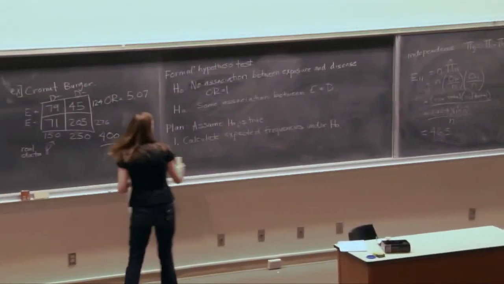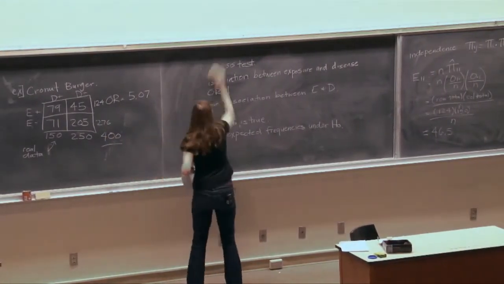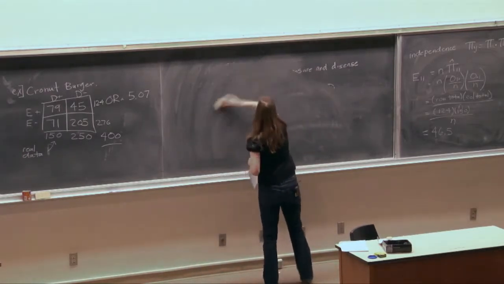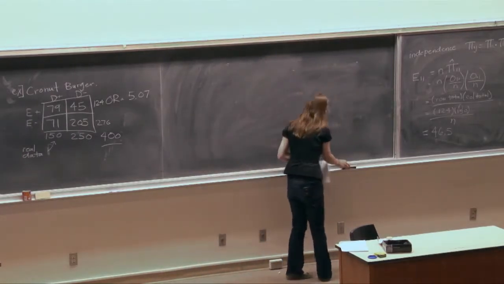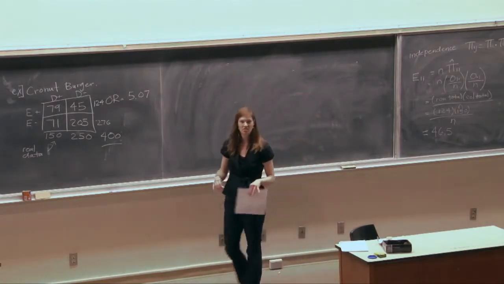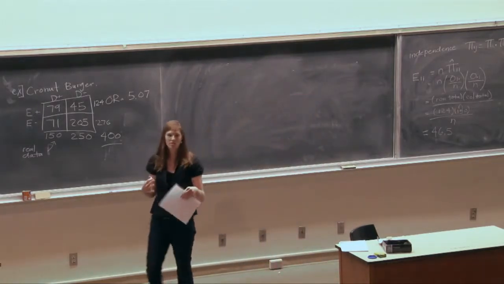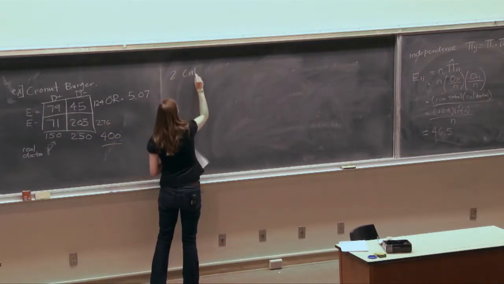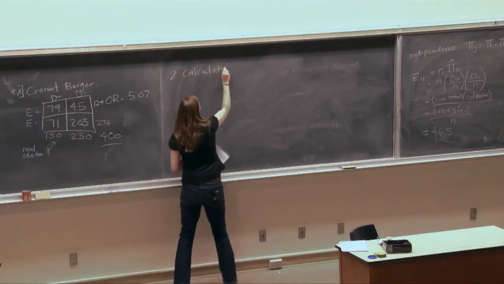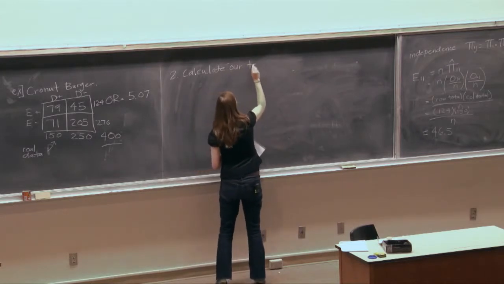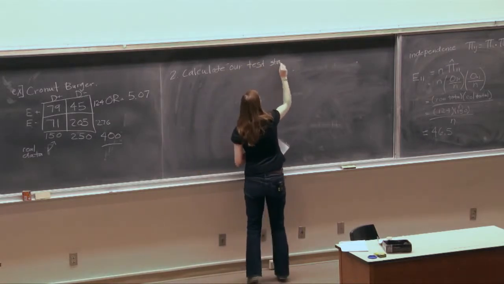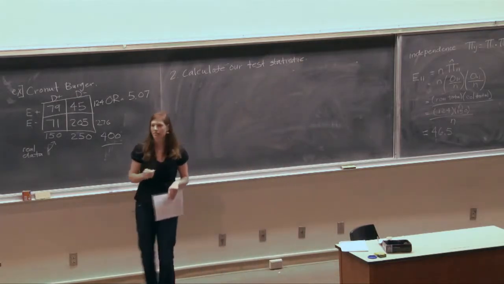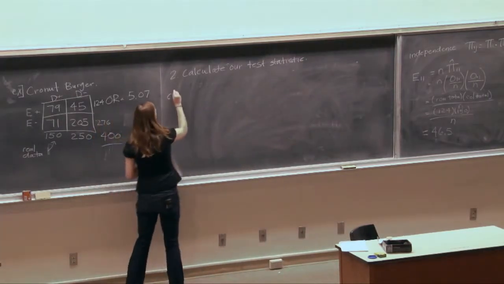Okay, so we have observed and expected data. We want to know if no association makes sense. We're going to compare those two tables. So next, we're going to calculate our test statistic, which is just a comparison.